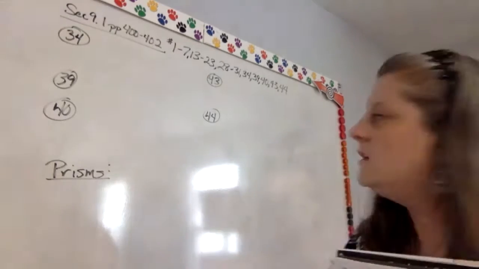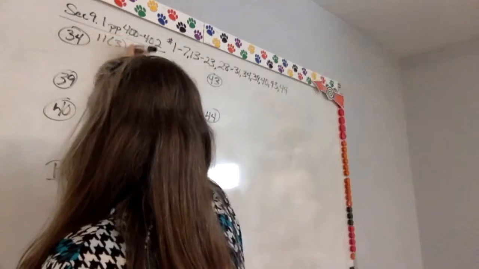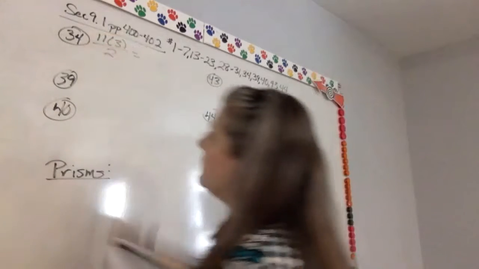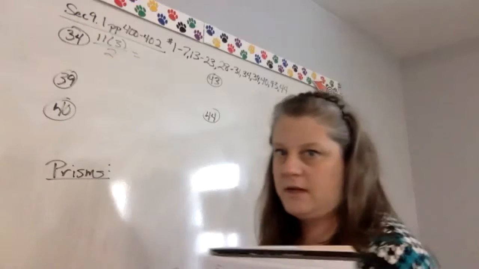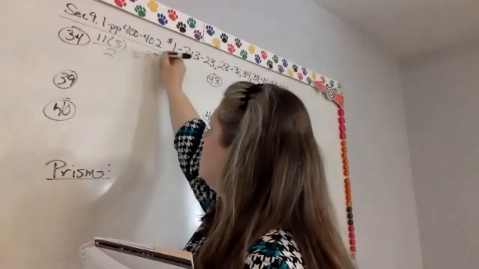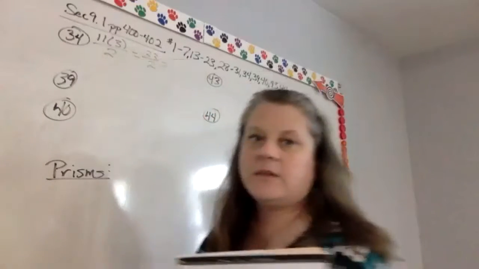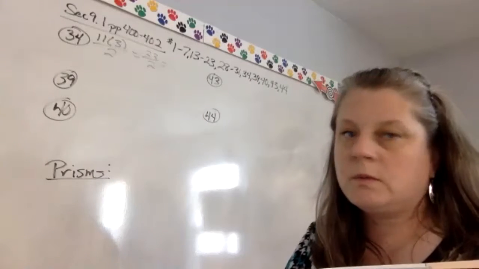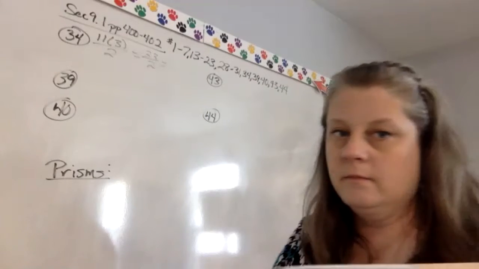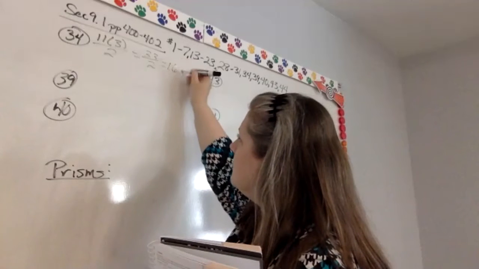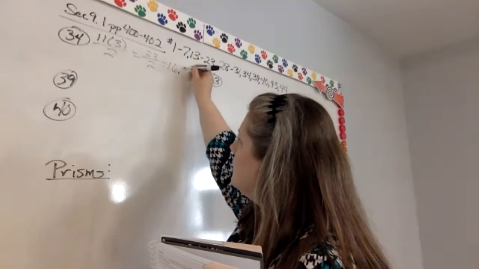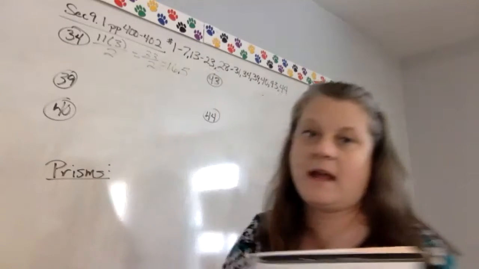Okay, so I have 11 times 3 divided by 2. Well, hopefully you all know 11 times 3 is 33. 33 divided by 2 is 16.5. 16 and a half, right?